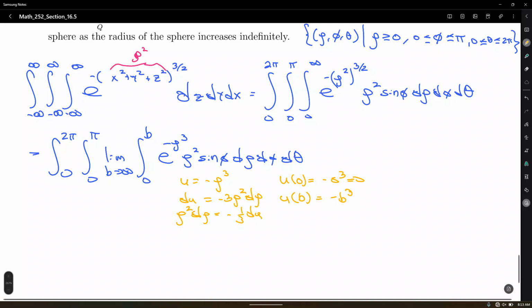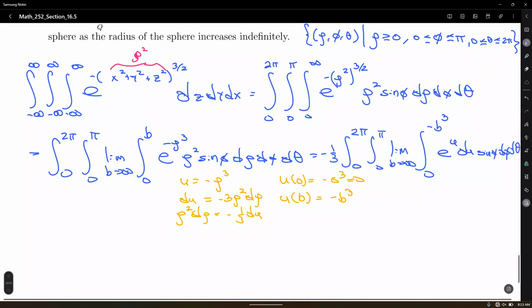So what are we going to have then? Well, let's write down our new integral. The rho squared d rho will be replaced with negative 1/3 du, but I'm going to write the negative 1/3 outside of the triple integral. From 0 to 2 pi, from 0 to pi, and that's the limit as b approaches infinity of the integral from 0 to negative b cubed of e to the u du, sine phi, d phi, d theta.